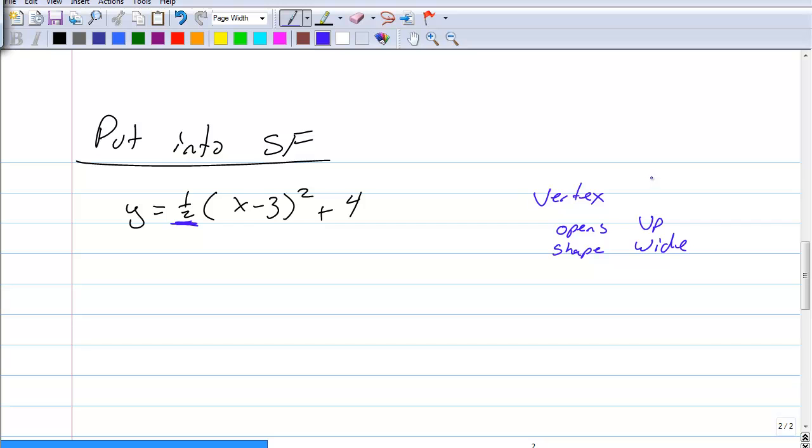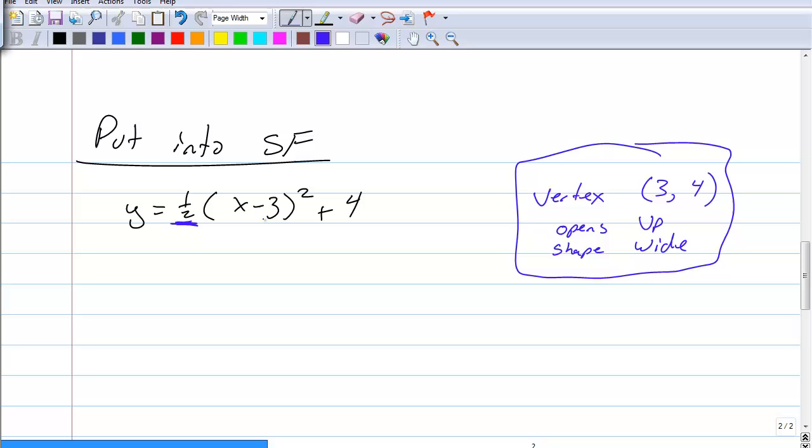Our vertex is going to be at the point, it looks like -3, but it's actually +3, 4. All right, so without even graphing this, this is the information that you should be able to pull about this form here. Now, our task at hand, though, is put into standard form.